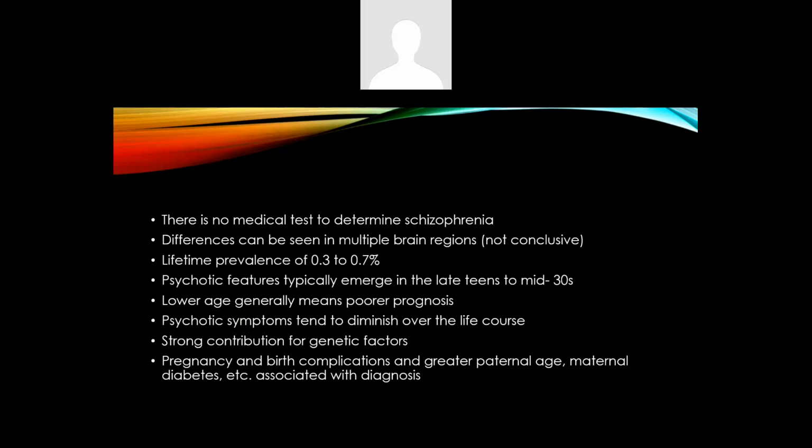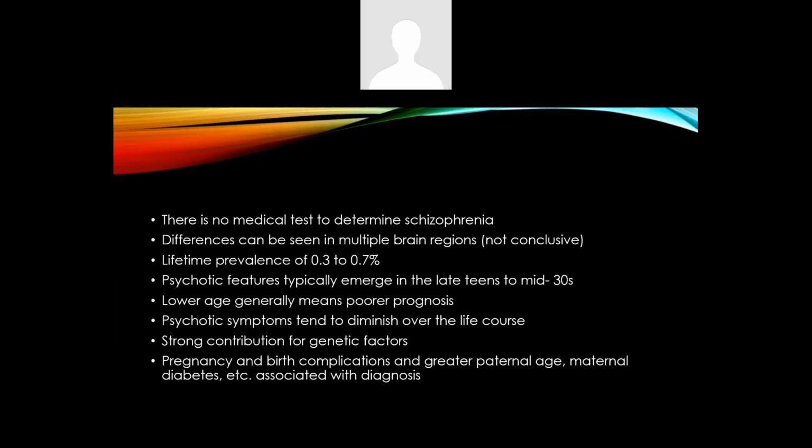There is a strong contribution from genetic factors, but that does not mean that this is a purely genetic diagnosis. Typically, the way I think of this is that the genetics will make them predisposed to having a diagnosis of schizophrenia, but then some kind of traumatic or stressful event will push that person over into the actual diagnosis.